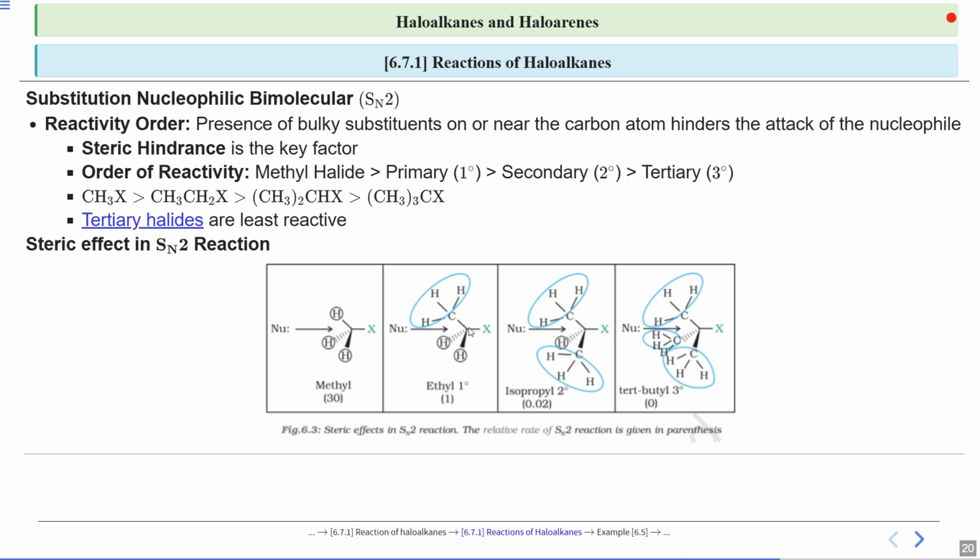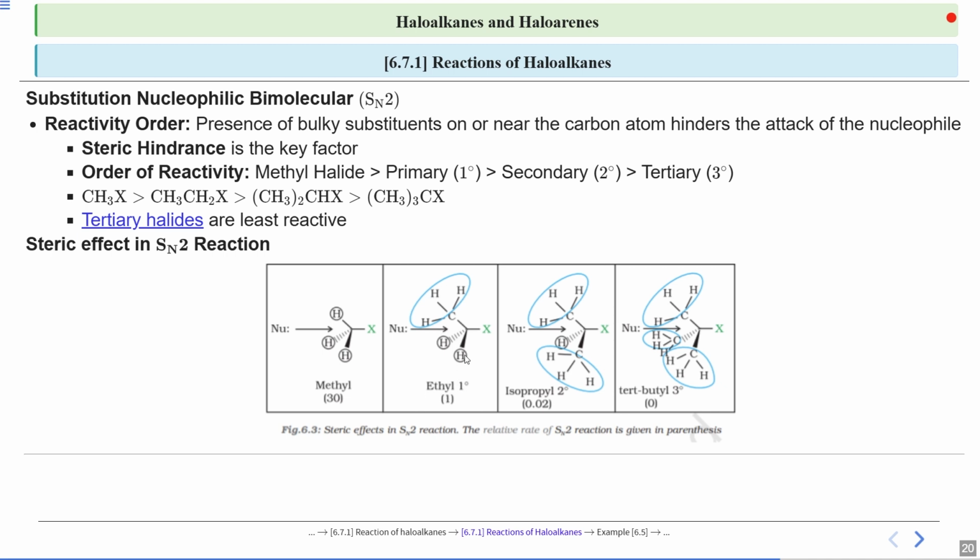Now if you see here, the carbon which is also bonded with the halogen has one substituent, a bulky methyl group, right? So on this carbon we have CH3 and 2 hydrogens. Due to the presence of one bulky group on this carbon, the nucleophile attack will be affected, and the nucleophile will experience steric hindrance in attacking this carbon.